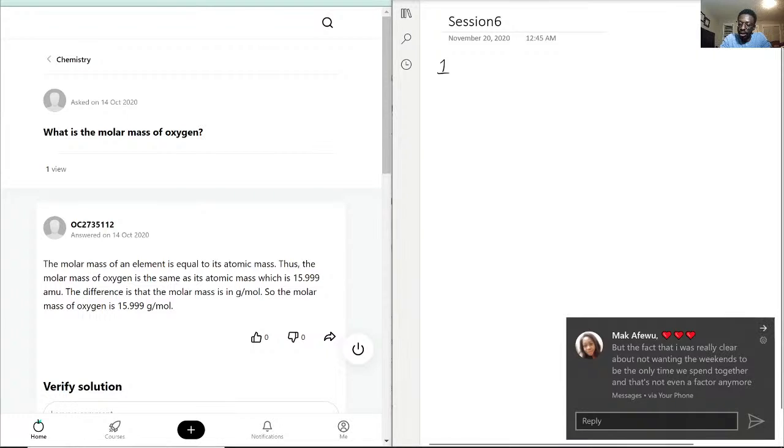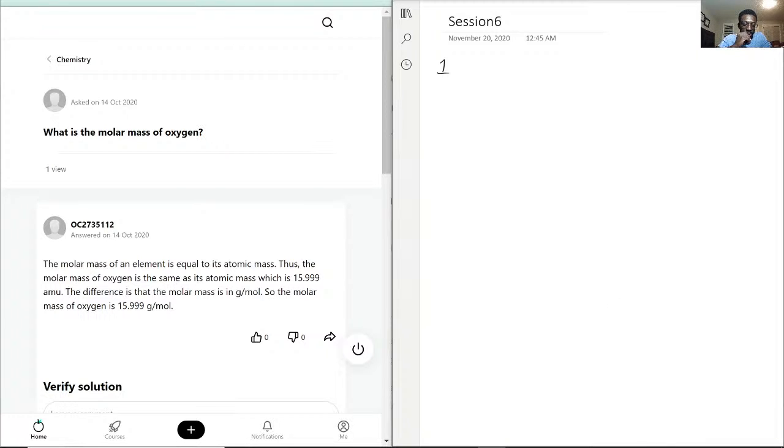We have, what is the molar mass of oxygen? Okay, so that would be our first question for tonight.